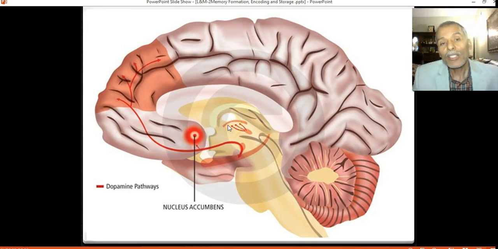People who have excessive dopamine are going to have schizophrenia. People who have Parkinson's disease and take L-Dopa, dopamine medications, when these medications exceed the required level, could actually induce symptoms of schizophrenia.